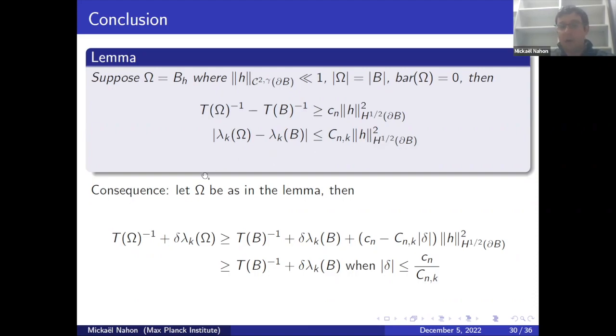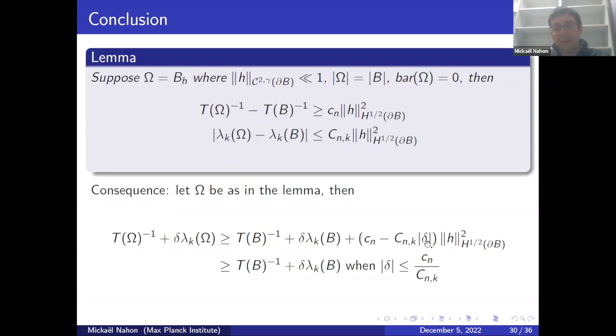So now you take omega that is a minimizer. You take any omega like this, and you can just apply these inequalities to say that the energy of this is larger than the energy of the ball, plus a constant minus delta times another constant times the norm of h. And so when delta is small enough, this is positive.